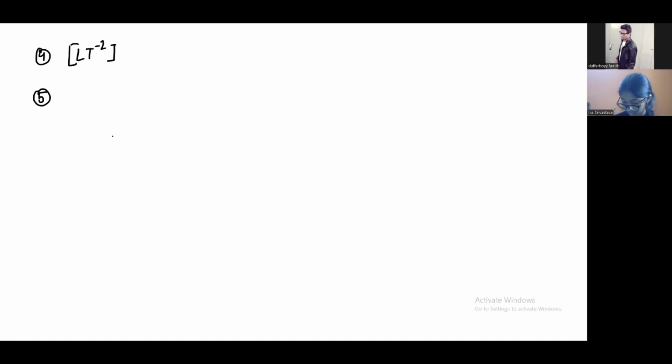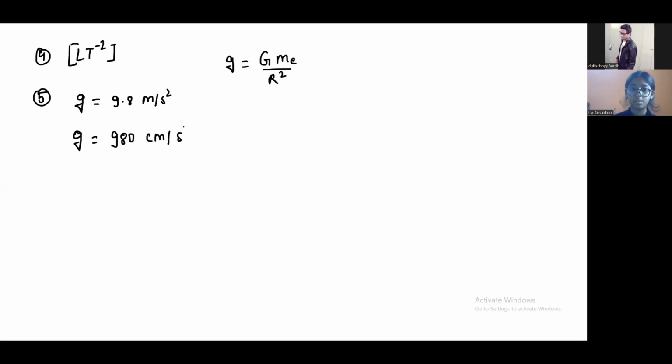If anyone asks you the value of g, I have already told you it is 9.8 meter per second square. How do we get that value? When we put the value of G, the mass of the earth and the radius of the earth squared, then you will get 9.8 meter per second square. If anyone asks you to write the value in CGS, we use 980 centimeter per second square.